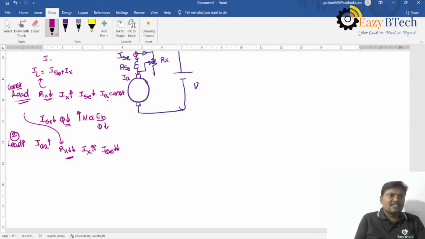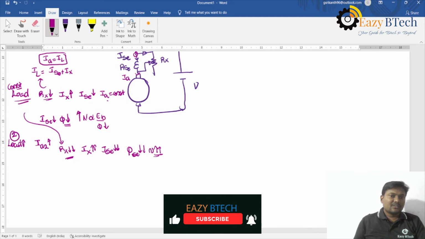In a series motor, IA is equal to IL. So here we are diverting the current flowing through the field. Then the flux produced by the series field winding decreases and the speed further increases.